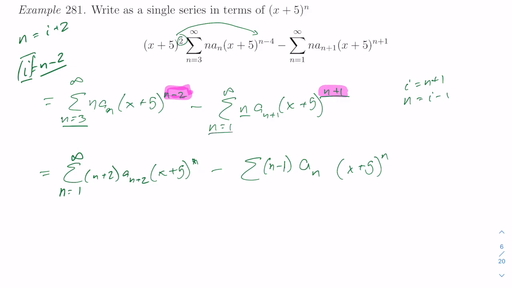And then when n is 1, 1 minus 1 is 0. Oh, nope, that's n equals 2. I'm sorry, I went the wrong way. This is n plus 1, so that starts at 2.